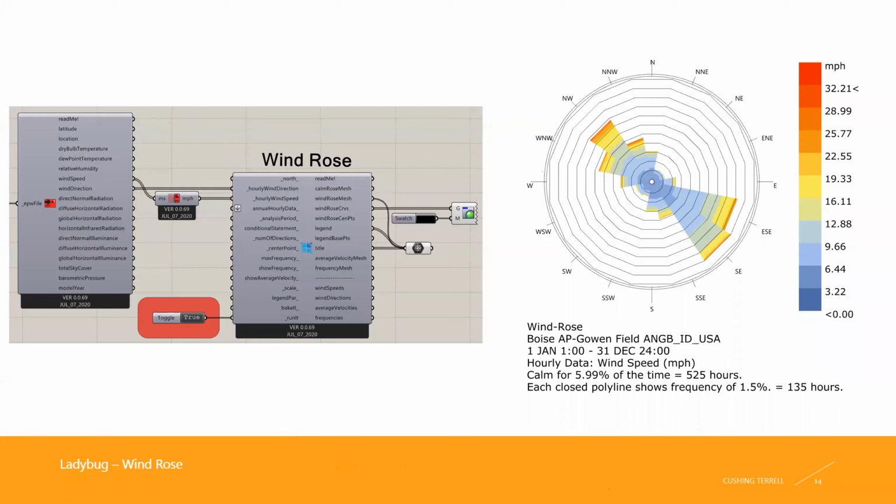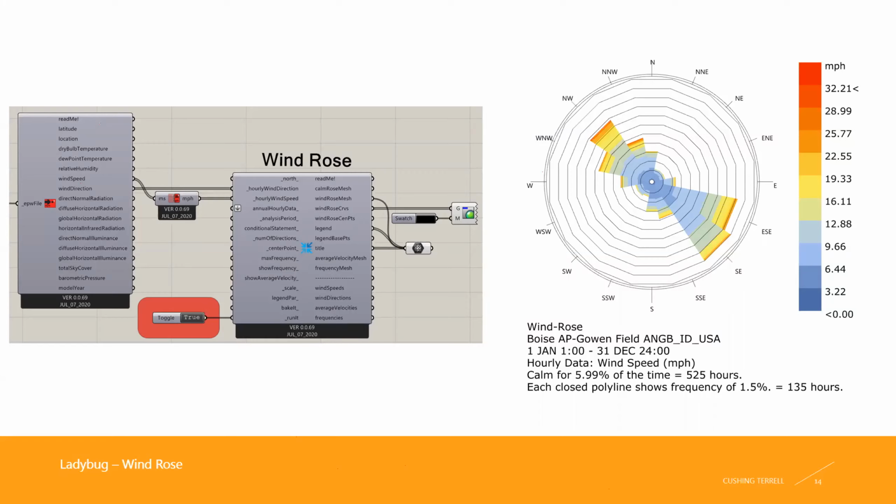So first up, we've got the wind rose. There's a wind rose component, and all you have to do is connect the hourly wind direction and the hourly wind speed. One thing to note is that in EnergyPlus weather files, the data comes in as metric. So if you want to have the charts display in IP units, then you've got to convert it. And there are components that convert between units built into Ladybug.